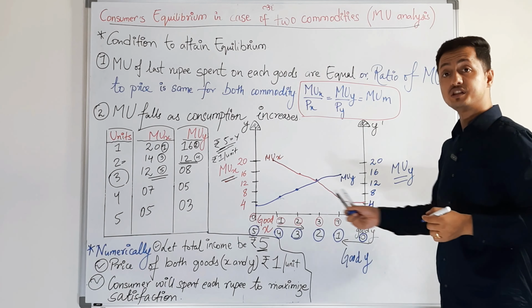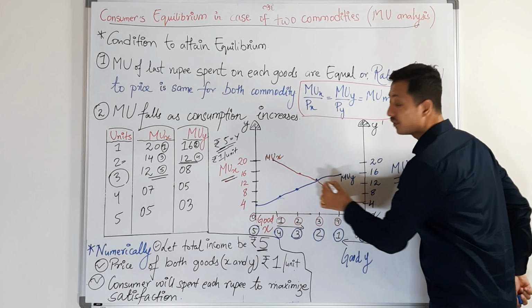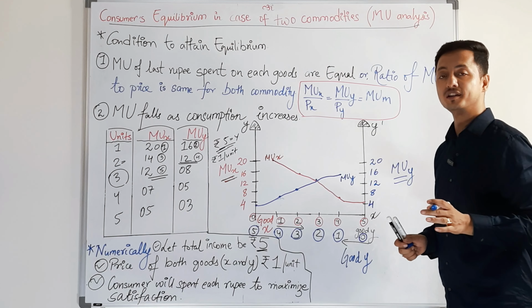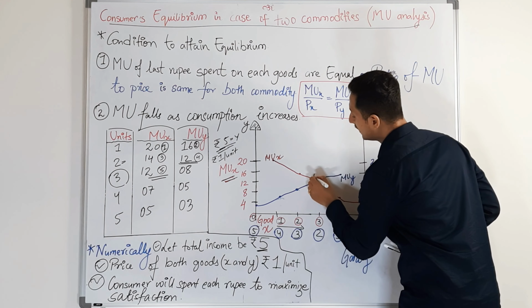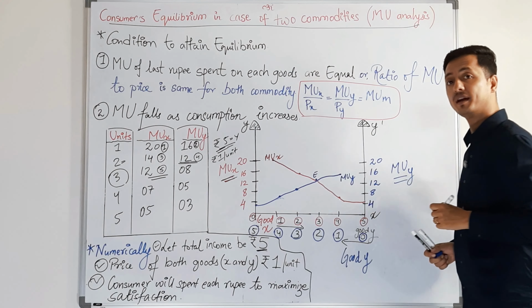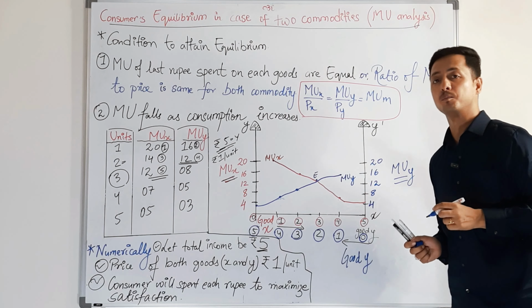Now, if you see here, this point of intersection of the two marginal utilities is E. That is the equilibrium point.